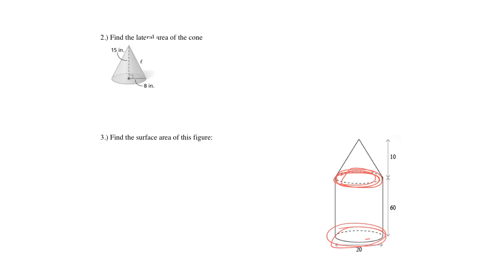I think it's going to be easier to do a full cone surface area plus the cylinder without the circles, which means the cylinder lateral area. I hope that makes sense. So there's basically one circle that we need to find the surface area of, and that's on the bottom, but we can think of that within the cone's formula. That to me makes sense, is the easiest. I hope that makes sense to you.